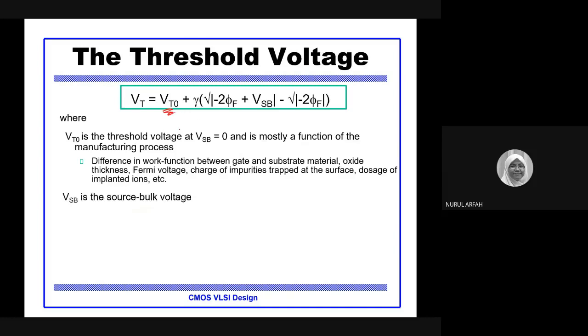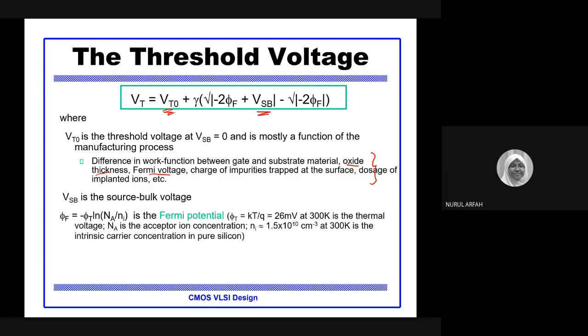It depends on the process of the manufacturer: the difference in work function between gate and substrate material, oxide thickness, Fermi voltage, charge of impurities trapped at the surface, dosage of implanted ions. So it depends on this manufacturing process condition. And the source bulk voltage here, this is the source bulk voltage.